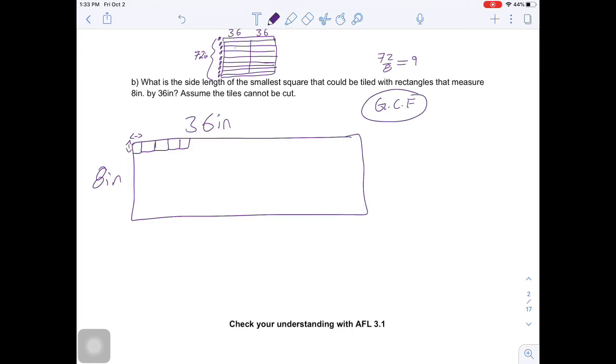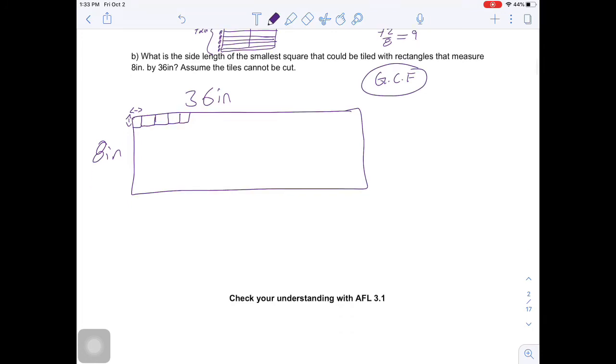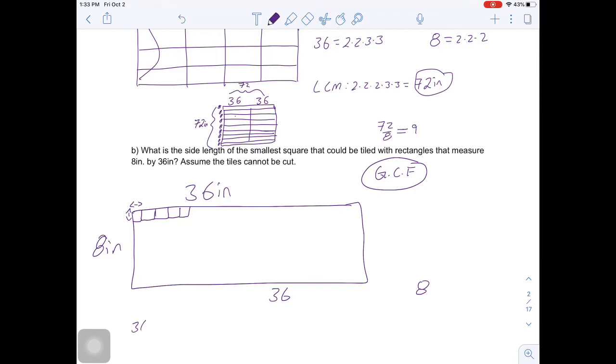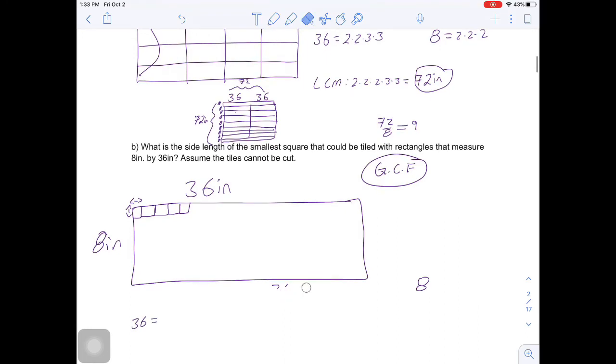Okay, so how do we find our greatest common factor? We use our prime factorization. We've already prime factorized 36 up here with the tree method. So 36 equals 2 times 2 times 3 times 3, just like we figured out. 8 equals 2 times 2 times 2.